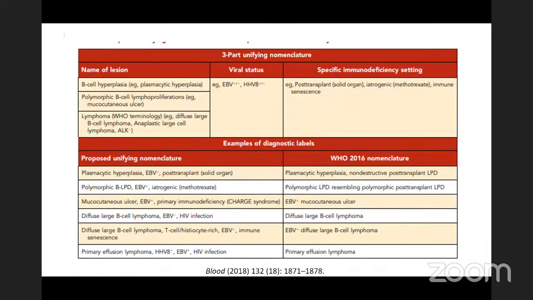So if you look at this slide, they put, for example, B-cell hyperplasia, polyclonal type, Epstein-Barr virus positive, in a post-transplant setting, in a PI3K mutation, and so on. They put this because sometimes the immunodeficiency background may impact the decision of treatment.